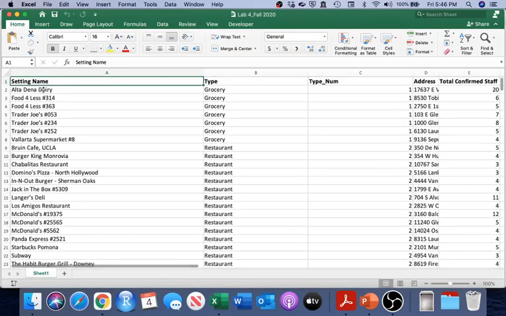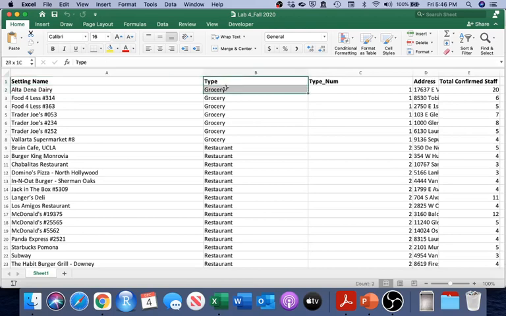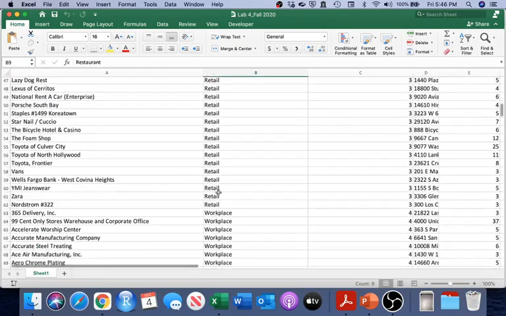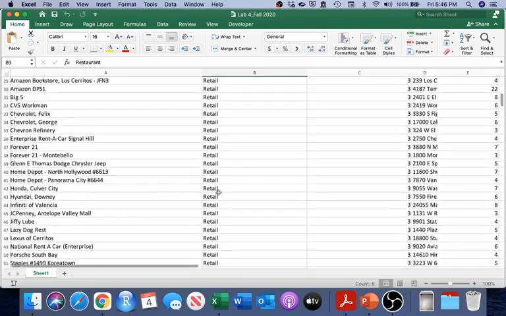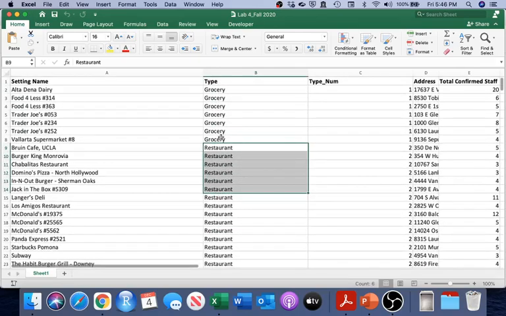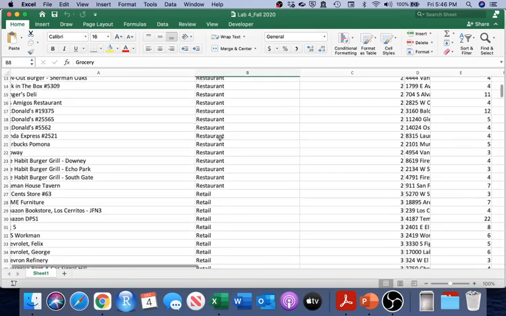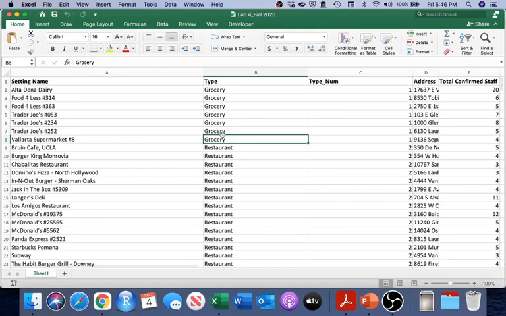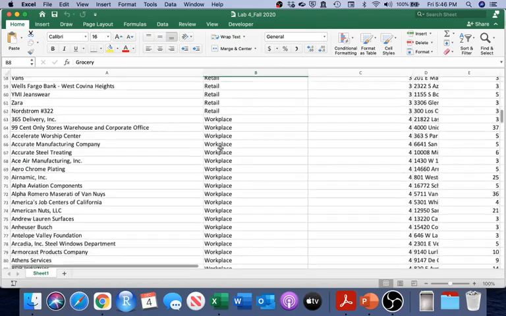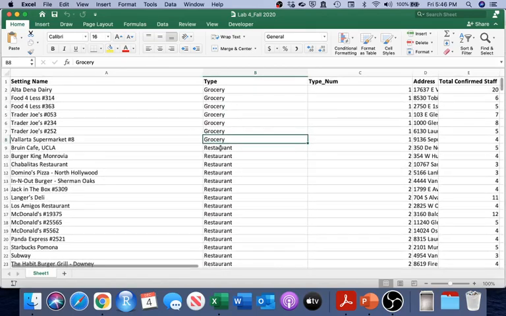So we have the setting name. What I arbitrarily set these types. So I split them up into grocery, restaurant, retail, workplace. So my hypothesis is that in one of these 4 places, so in grocery stores versus restaurant versus retail and workplace, potentially one of these places will have a higher number of cases in staff.